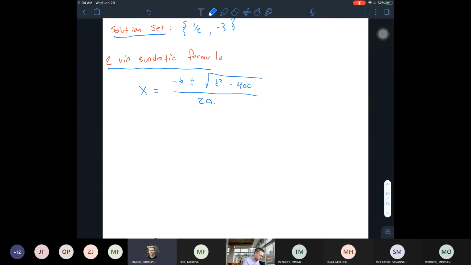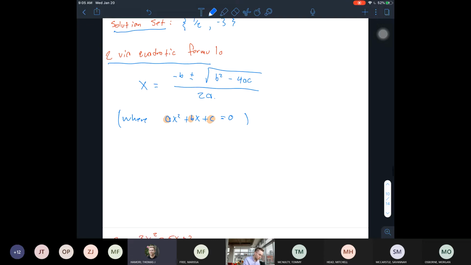Okay, so this is the formula where our quadratic equation is ax squared plus bx plus c equals 0. We just take the coefficients a, b, and c, and plug them into this formula, and that'll give us exactly what our solution set is going to be.